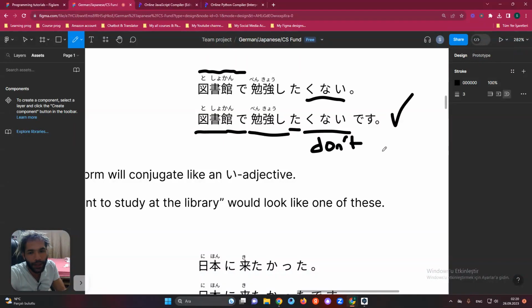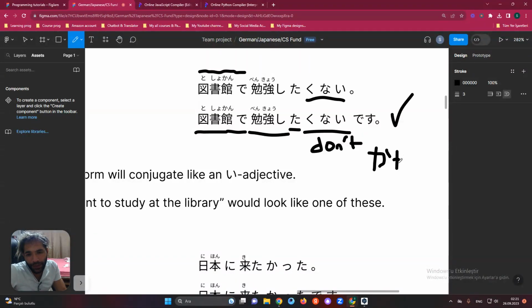Okay, if it was katta in this case, we would know that this is exactly what we are looking for.